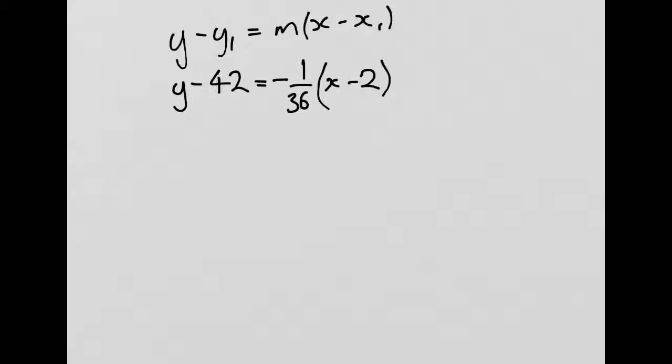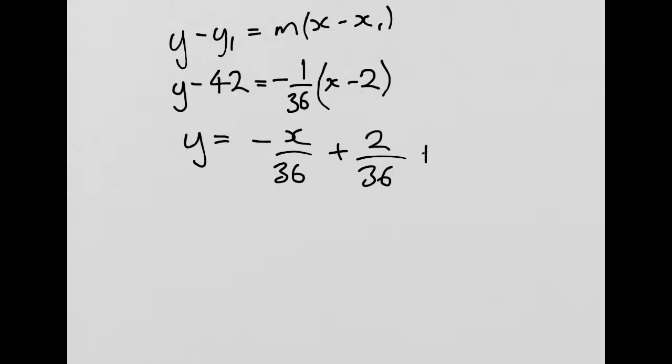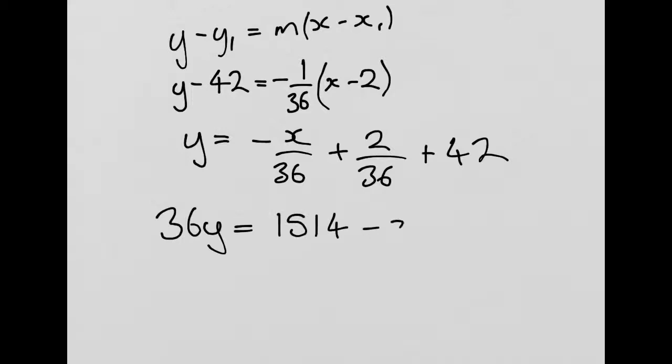Solving this equation, we get y equals minus x on 36 plus 2 on 36 plus 42, which we can then simplify to being 36y equals 1514 minus x.